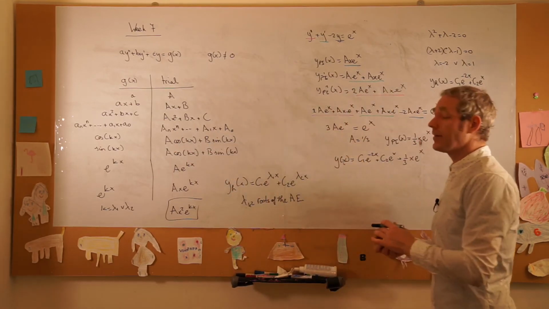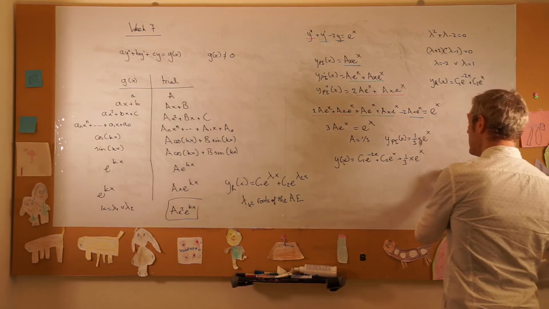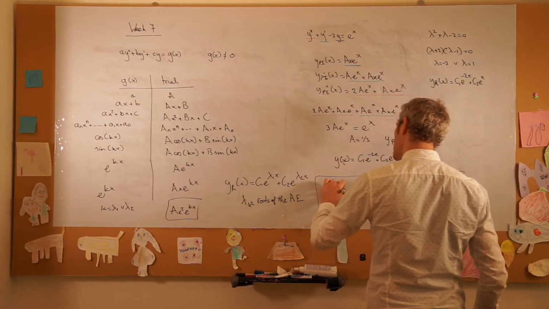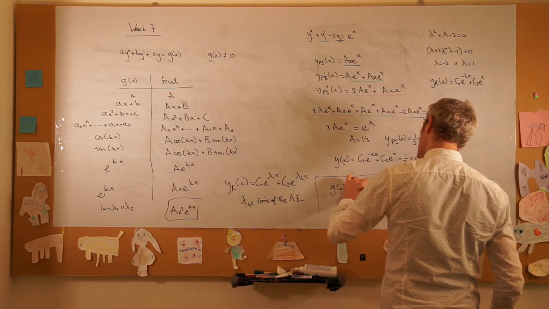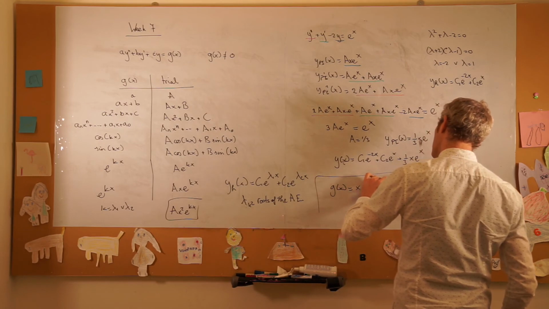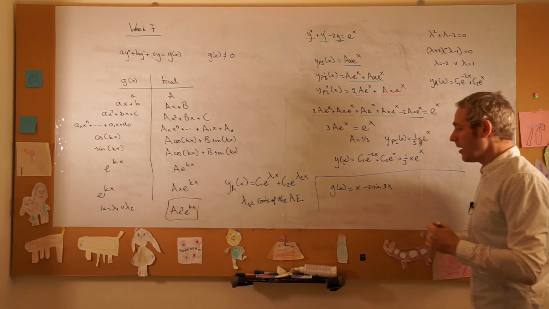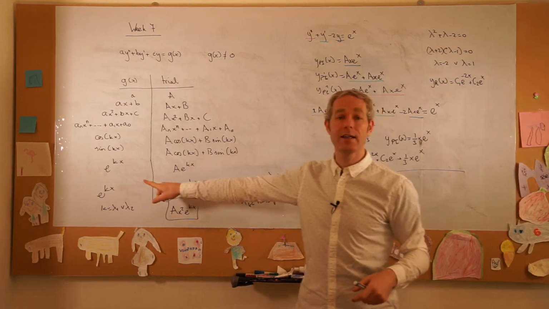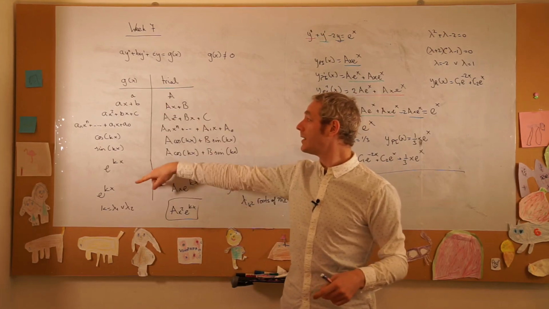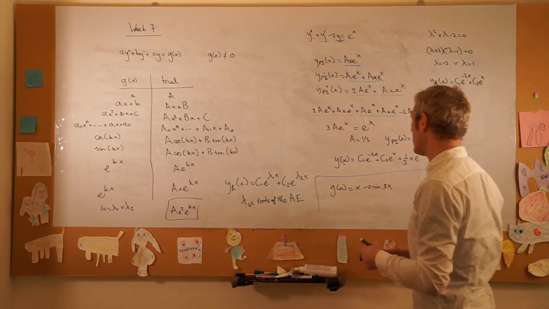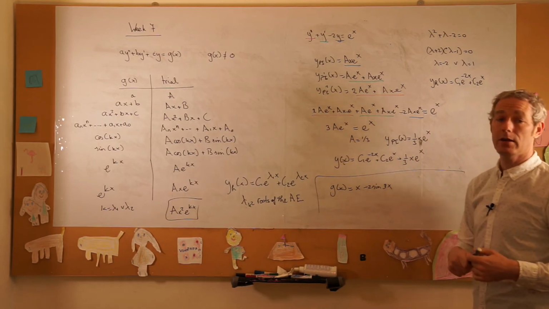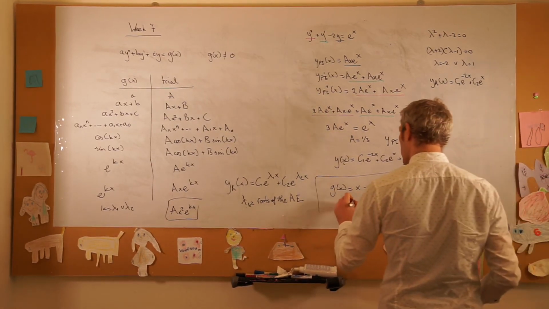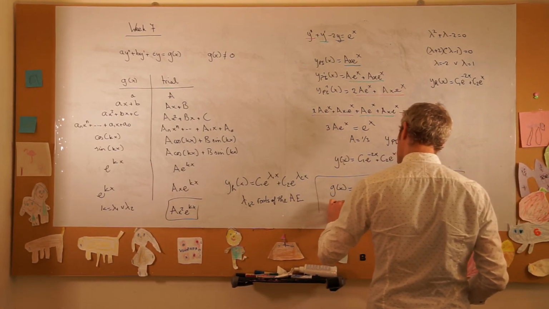And then there's only one more thing to say: what if my g(x) is x minus 2 sine of 3x? Well, this isn't in this table here, but it is a combination of inhomogeneous parts. And if we have a combination of inhomogeneous parts, we take the combination of trial solutions.